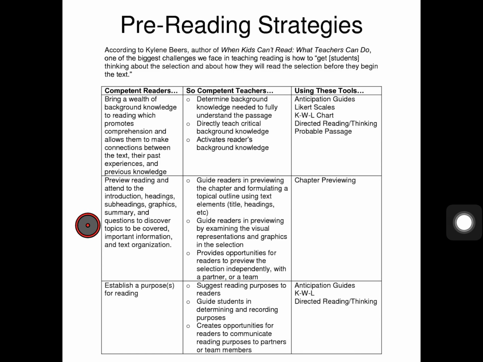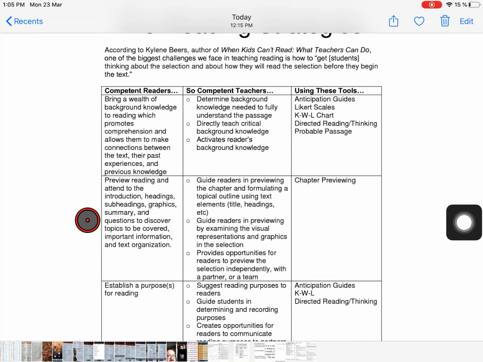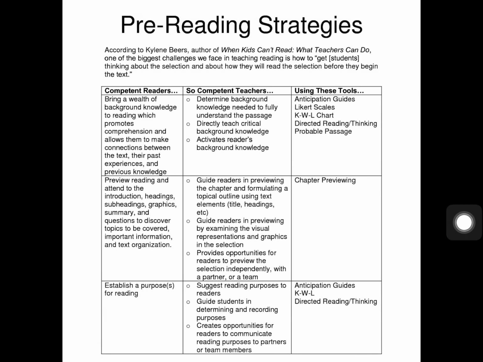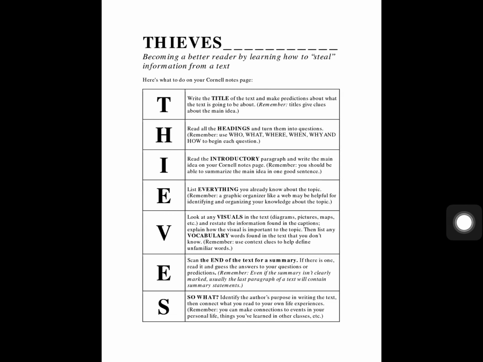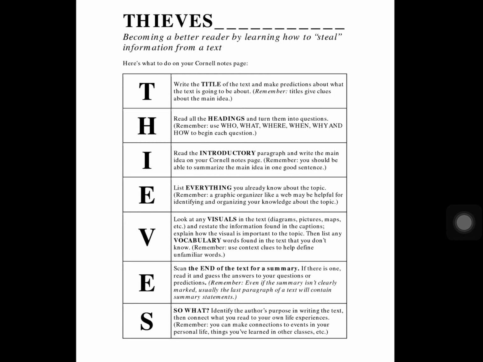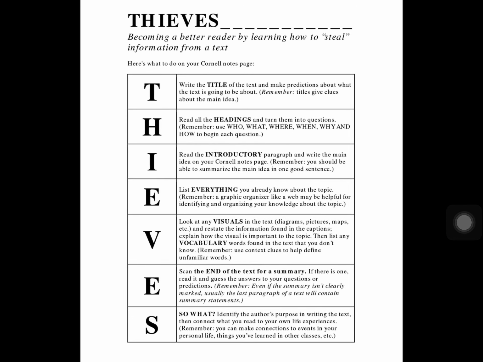It's also important as competent readers to take into account some elements that you can find in the passage. For example, the introduction, the headings, subheadings, etc. Here in this picture or chart, we have an acronym that's called THIEVES.